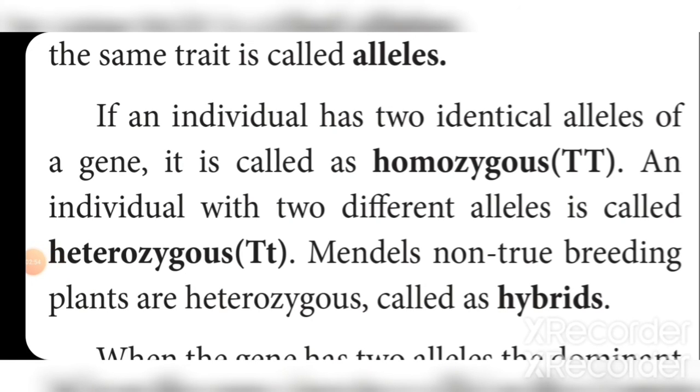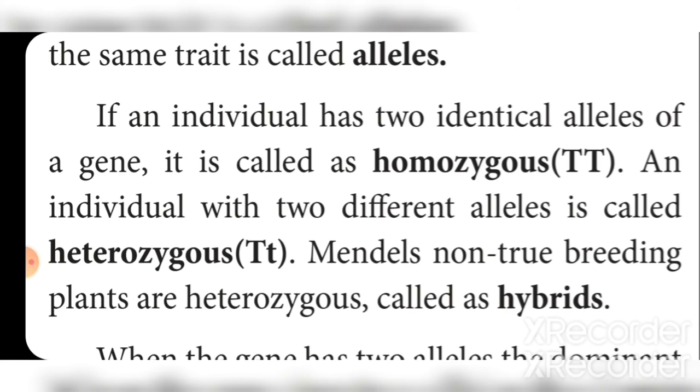If an individual has two identical alleles of a gene, it is known as homozygous, for example capital T capital T, homozygous tall. An individual with two different alleles is called heterozygous, capital T small t.